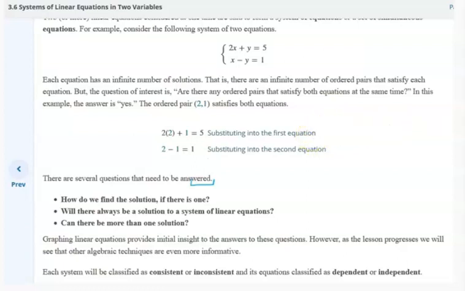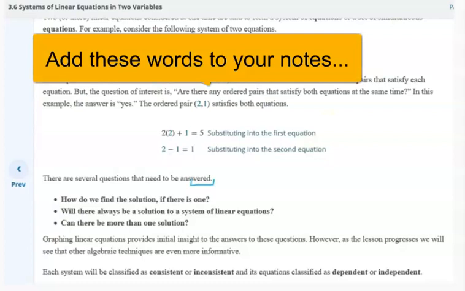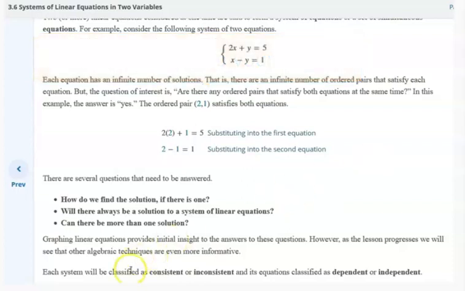Now, a couple of key words we want you to add, and we see them down here below. If it has at least one solution, one intersection, we say the equations are consistent.